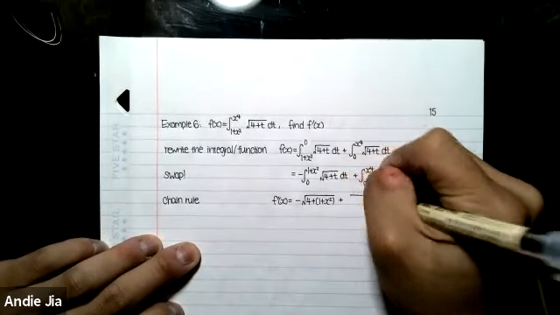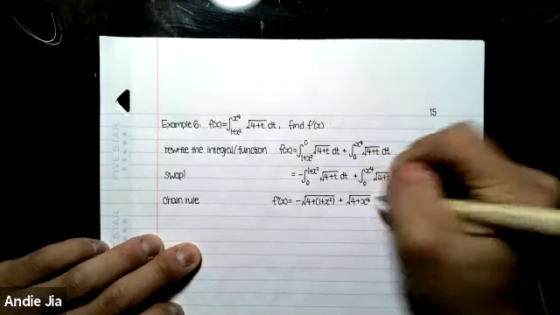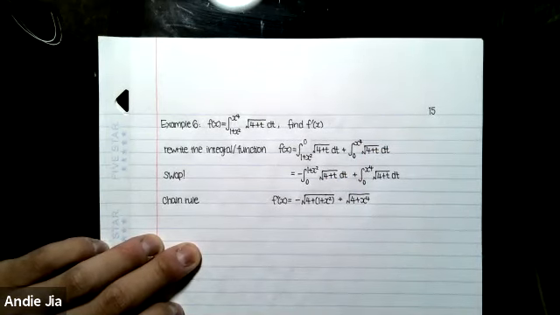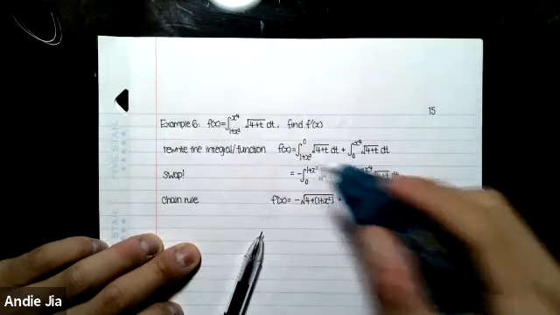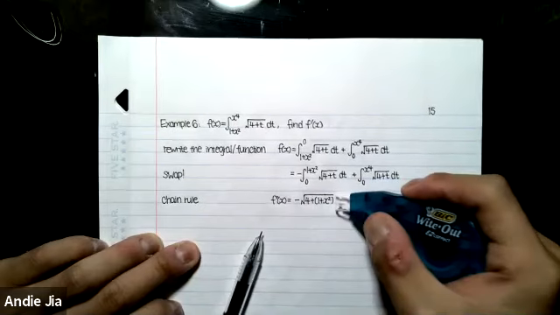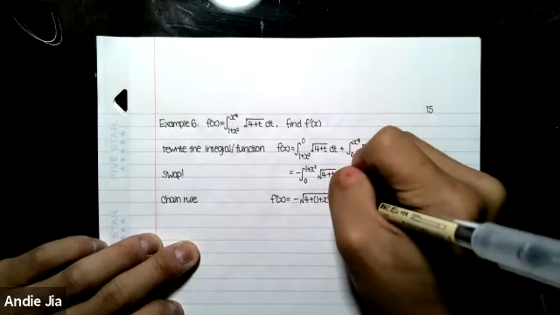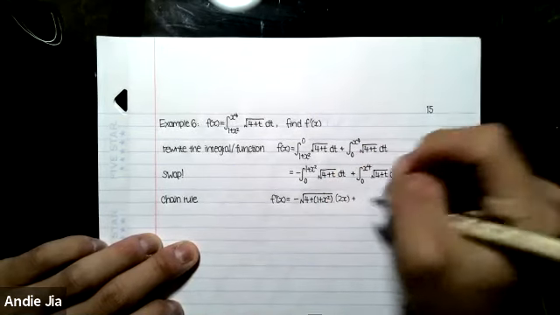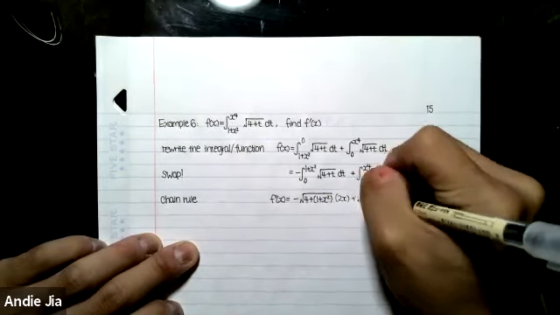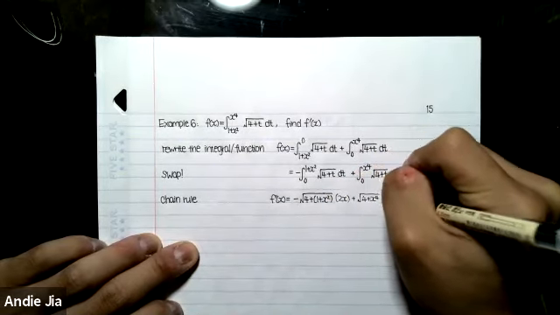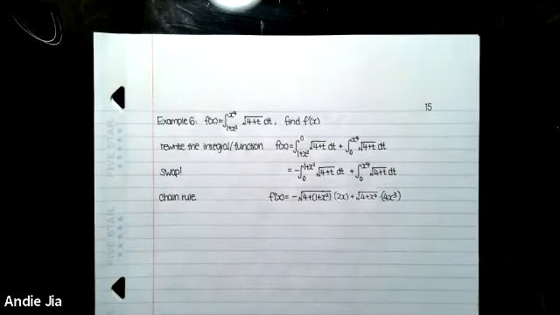Then what we have is 4 plus x to the fourth. Use the chain rule here. Don't forget the chain rule and take the derivative. It is going to be 2x, and then plus 4 plus x to the fourth, whose derivative is 4x to the third, 4x cubed.